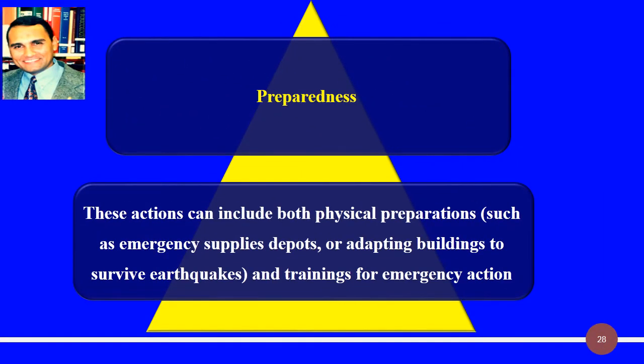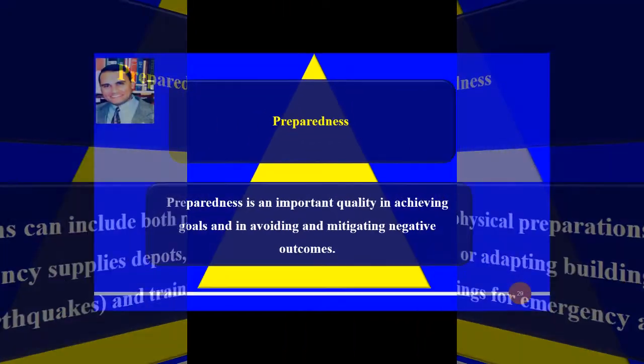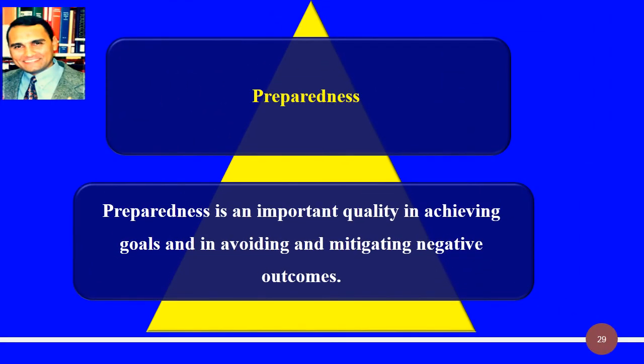These actions generally can include both physical preparedness, such as emergency supply depots or adapting buildings to survive during earthquakes, and training for emergency action during disasters. Preparedness is an important quality in achieving goals and in avoiding and mitigating negative outcomes.